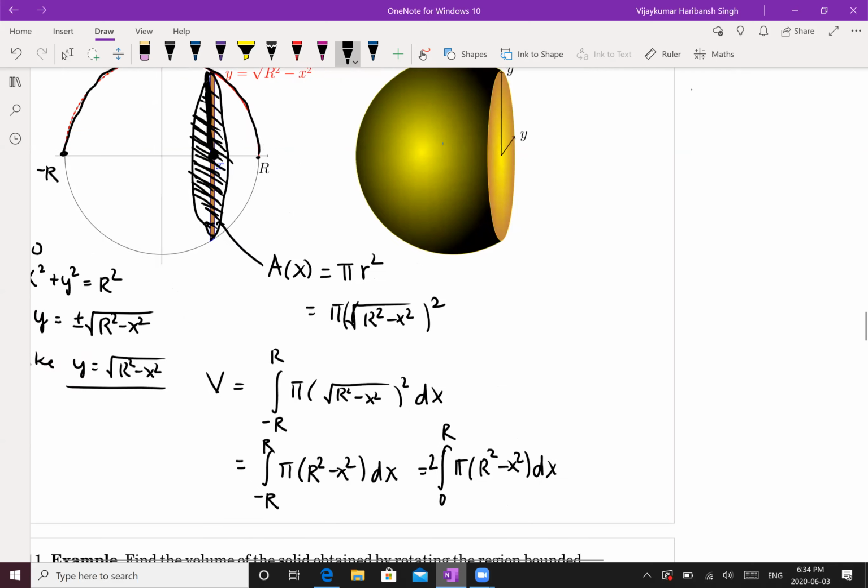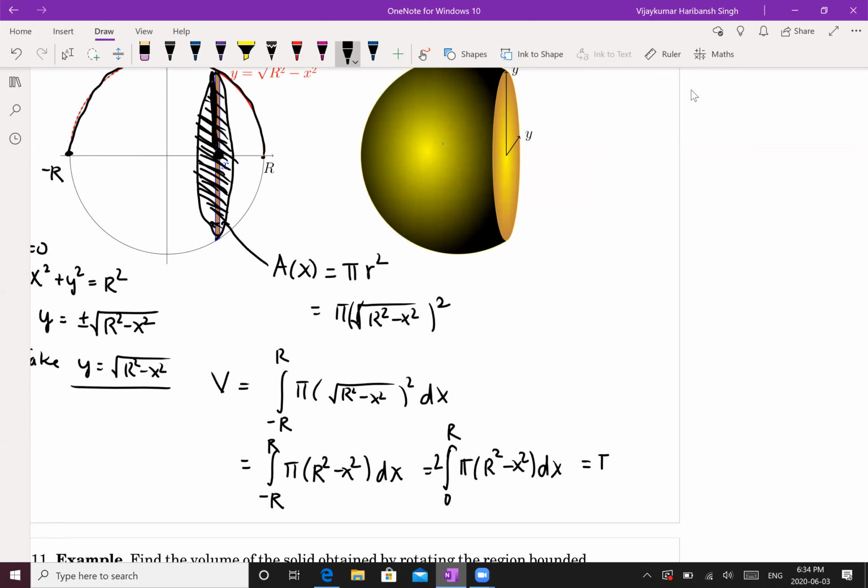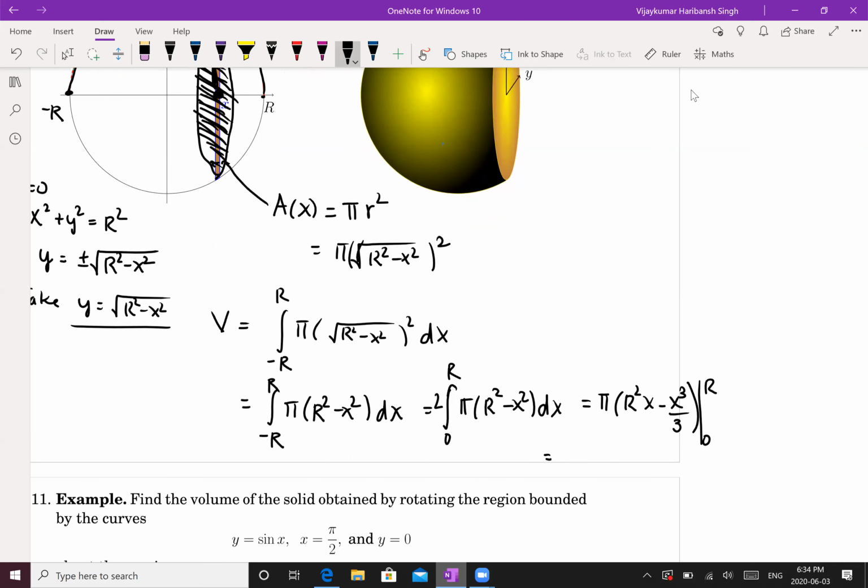Now let's integrate this. So the integral is going to be pi times r square x minus x cubed by 3, 0 to r. Now when you put r, you get pi times r cube minus r cube by 3. And then there's this 2 outside, right? So let's keep that 2 outside as well. And then when you put 0, the whole thing becomes 0.